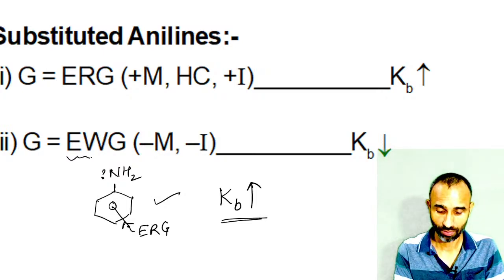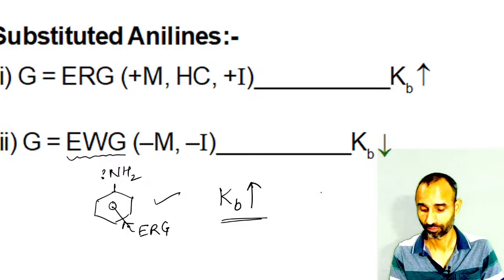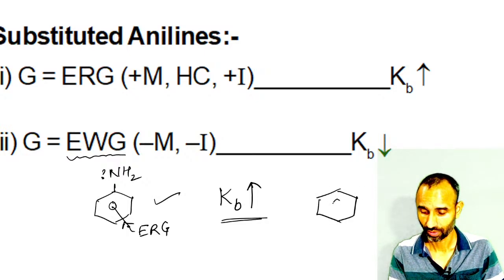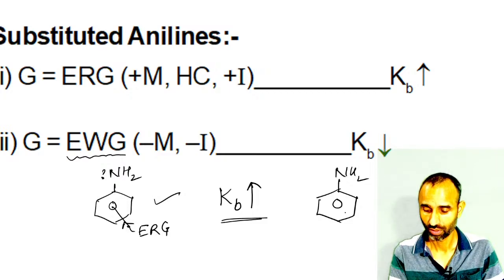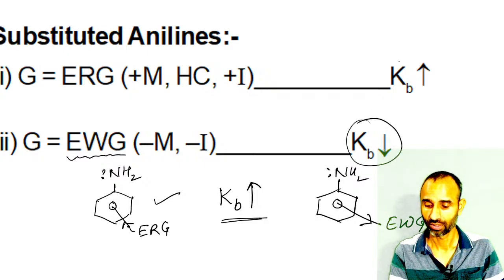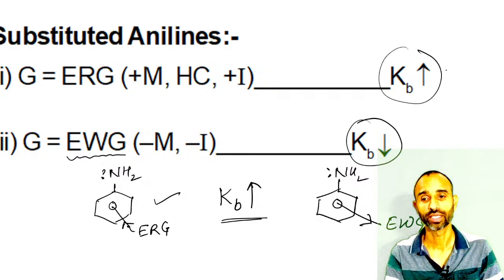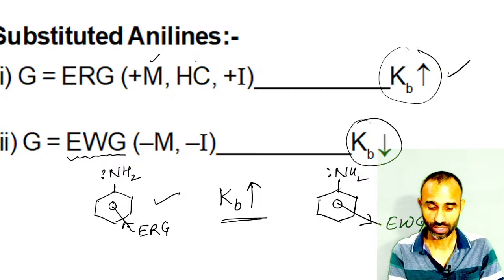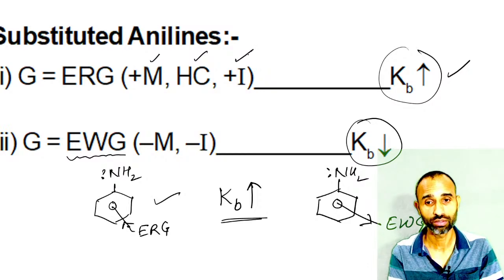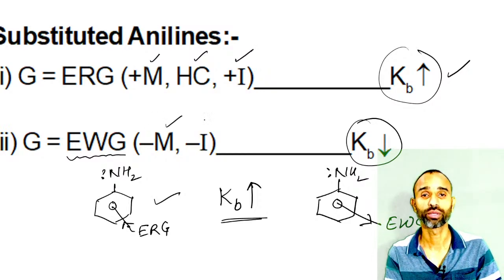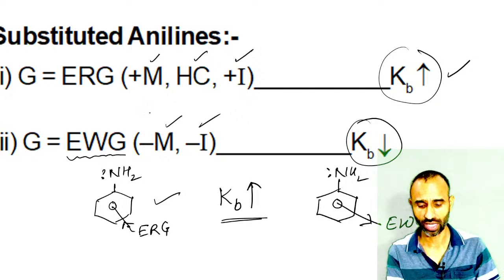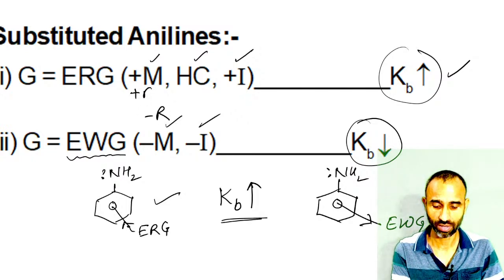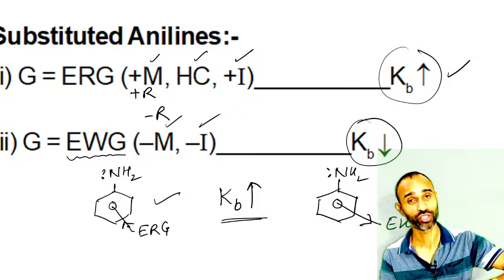If we have electron withdrawing groups, electron withdrawing groups withdraw electron density from the ring, therefore decrease the basic strength. Releasing groups increase basic strength: plus M, hyperconjugation, plus I. Withdrawing: minus M, minus R, minus I. Plus M, plus R, that is same.